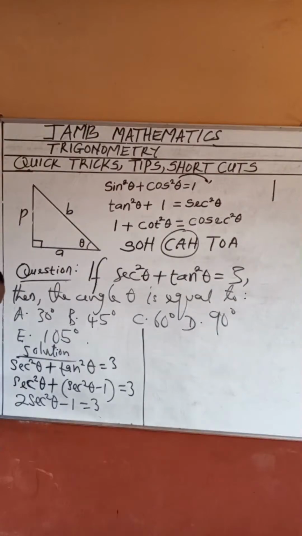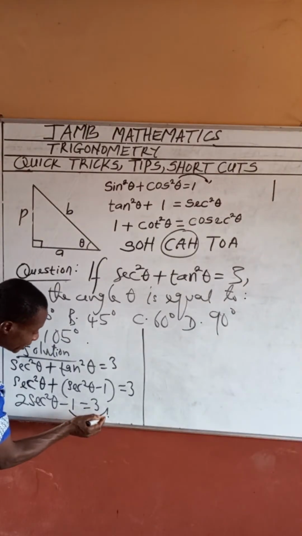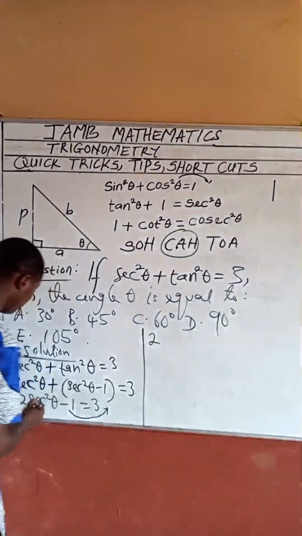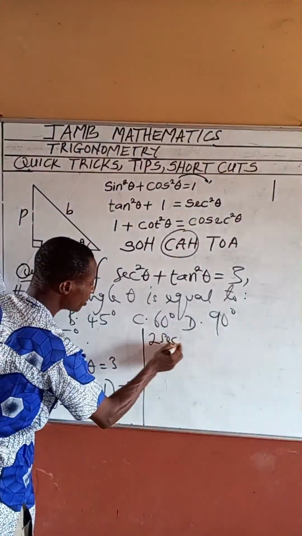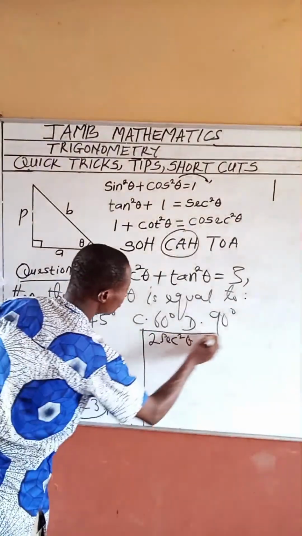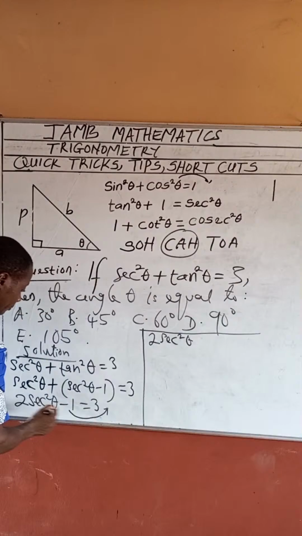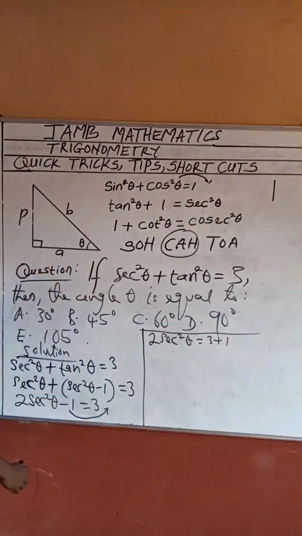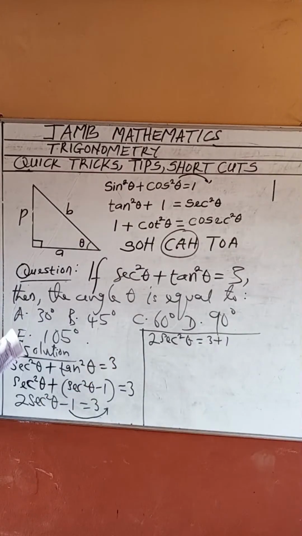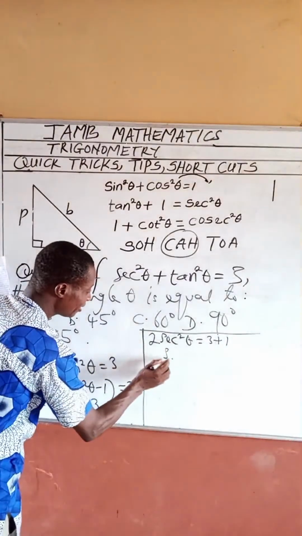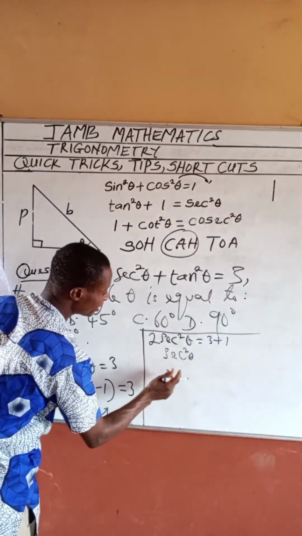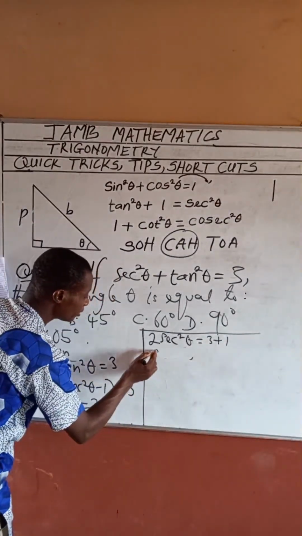All right. So the next phase, transfer this minus 1 to this side. It becomes plus 1, right? So we now have 2 sec squared theta equals to 3 plus 1, right? You will notice that you get the same answer. So it's quite funny.